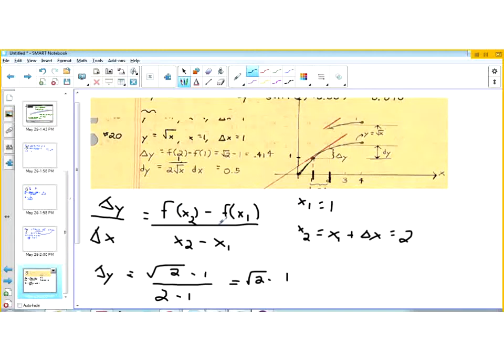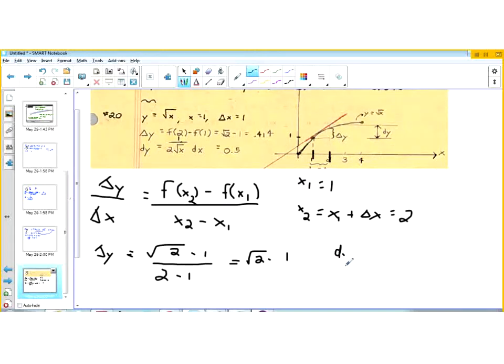Then we can calculate differential y. We know that the differential y over differential x, which is just the derivative of the function, dy over dx, is equal to 1/2 times x to the negative 1/2.